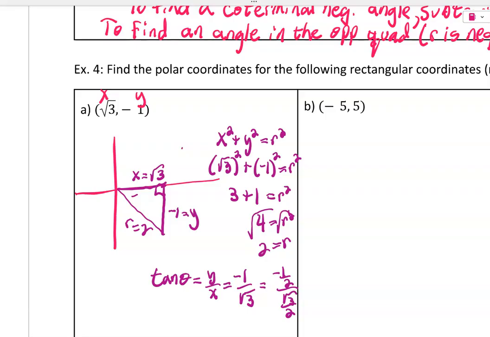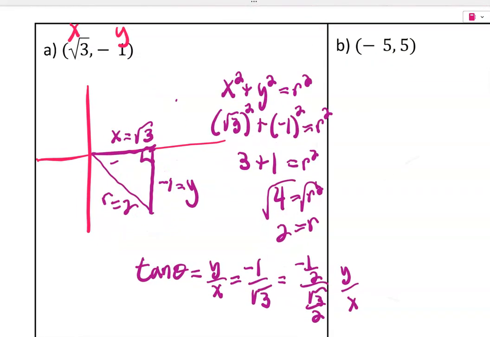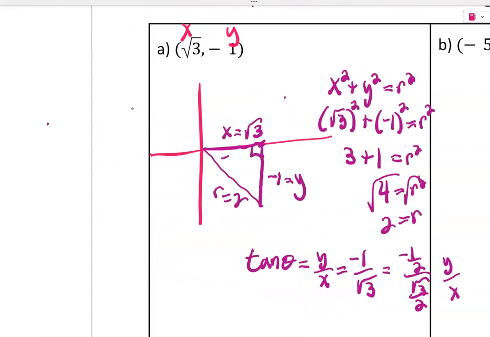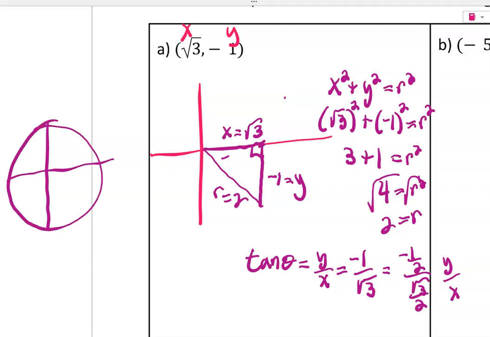And you could go from here and say, well, that would be like my y over x on the unit circle. My y would be small, my x would be big. I know I'm in the 4th quadrant, so I'm going to draw over here in that 4th quadrant.